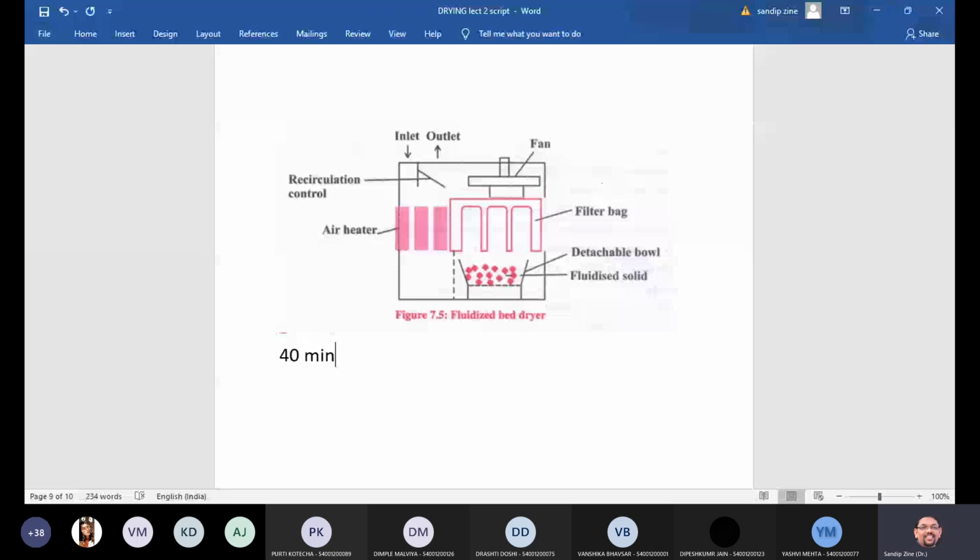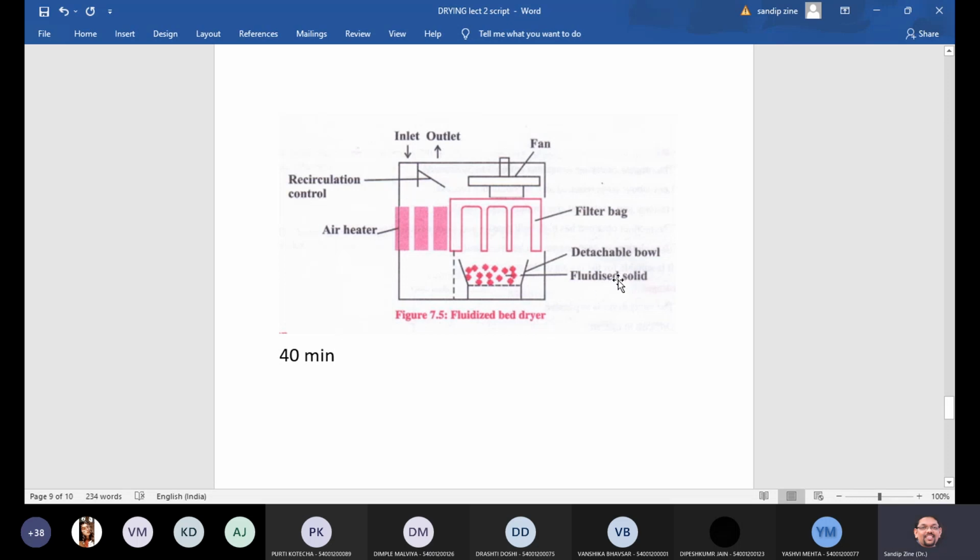Another point you can add over here is that the materials are sometimes left in the dryer to reach room temperature. Then the bowl is removed for unloading, and the final product that we are getting will be a free flowing product. In this way, you can mention the overall working pattern of this fluidized bed dryer.